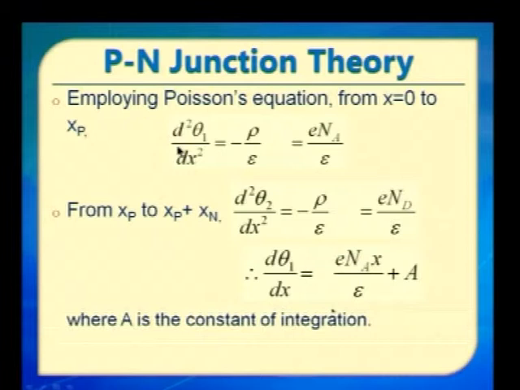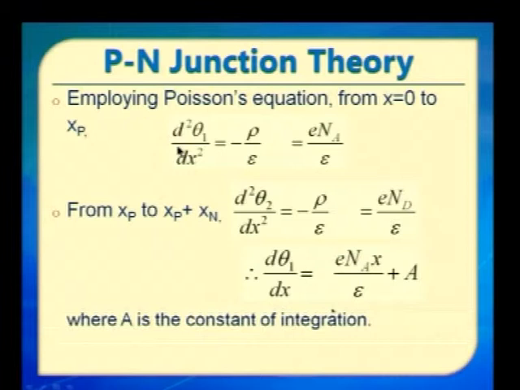The d square theta 1 by dx square will be equal to minus rho by epsilon, and that will be equal to E into N A by epsilon, because the charge density will be E times N A. In the other case, it will be E times N D. In the region from x p to x p plus x n, the potential can be written as d square theta 2 by dx square, that is equal to again minus rho by epsilon, that will be equal to E into N D by epsilon.